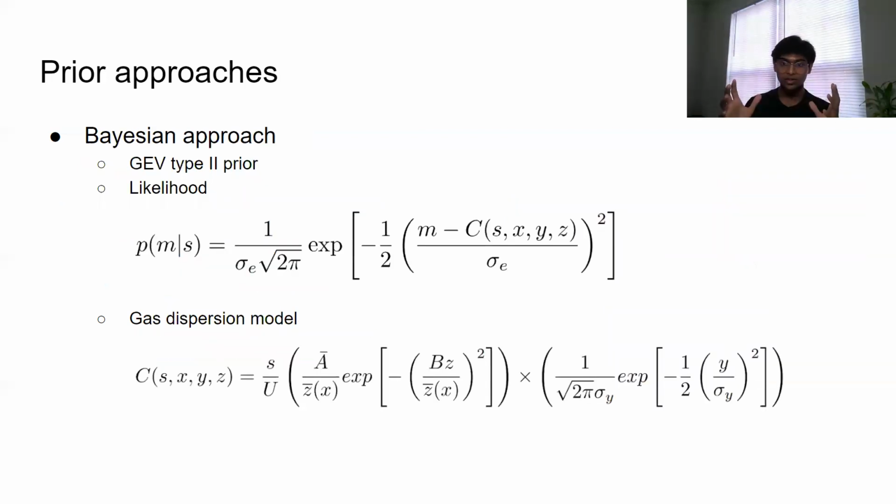Albertson et al. modeled the prior over the leak rates with a GEV type 2 distribution, which is a heavy tail distribution.